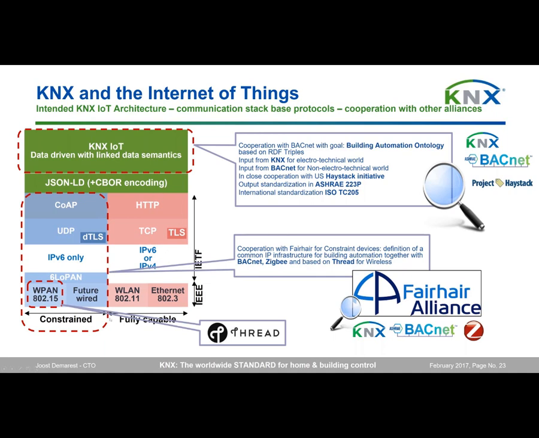And for capable devices, we want to use the commonly used media that are available today. So, for instance, Wi-Fi and normal Ethernet. We would use TCP and HTTP and use TLS security. Here we would use IPv6, but we would also allow IPv4 based solutions.